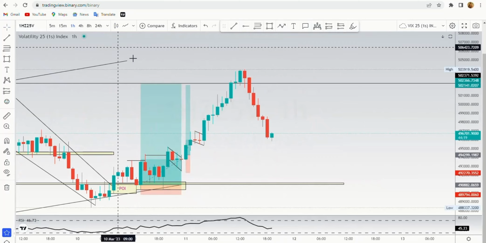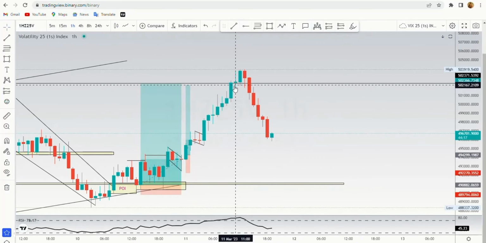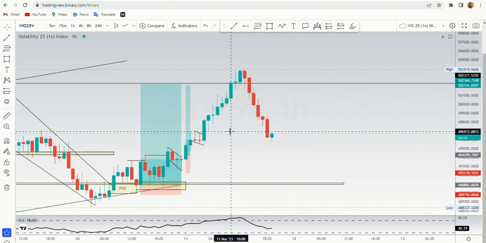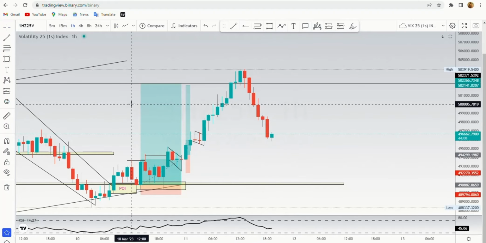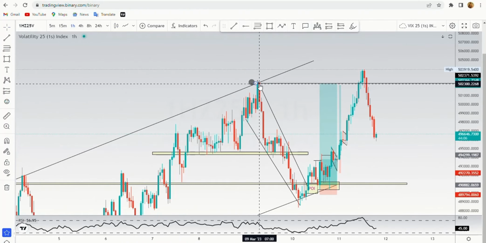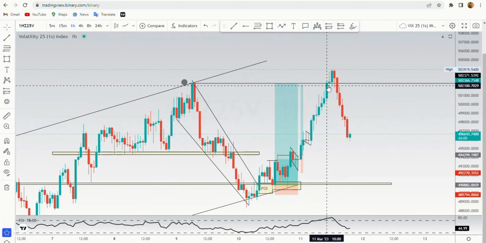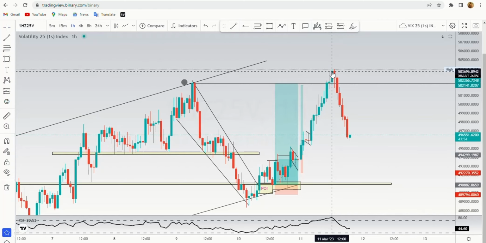So when it came up here, guys, I just got this weak doji candlestick. When I got this doji candlestick, I wasn't expecting the market to continue all the way high, because this is our highest high that we are looking at as take profit, and it could push the market all the way down. So when we got this, guys, it's a good momentum candle.